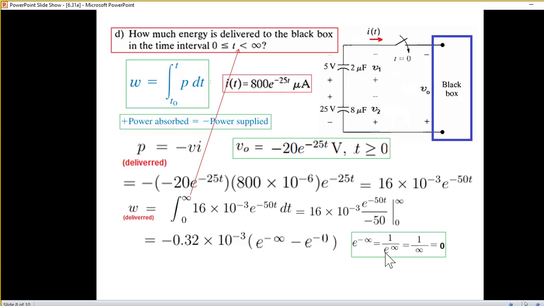And anything to the power infinity will be infinity. And 1 divided by infinity, or anything divided by infinity, will be 0. So the first term will be 0. E raised to the power 0 we know is 1. And solving, our energy will be 0.32 millijoules or 320 microjoules.